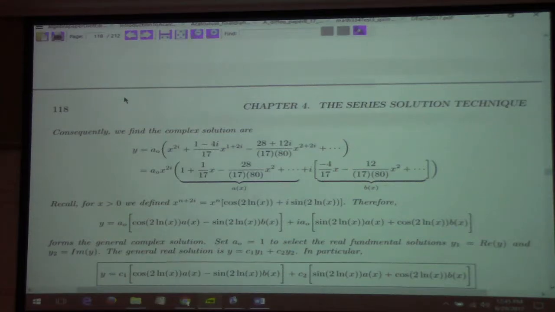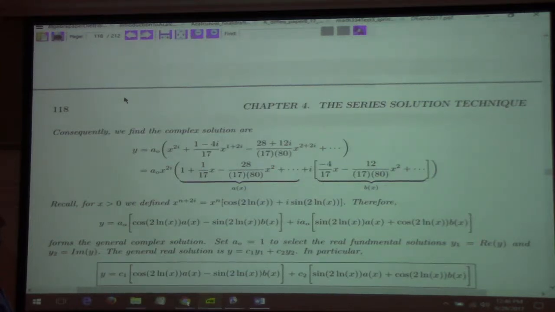And so what this shows me is that my complex solution is x to the 2i. That's x to the r, x to the 2i, right? And then this is x to the 0, x to the 1, x to the 2, and so forth.